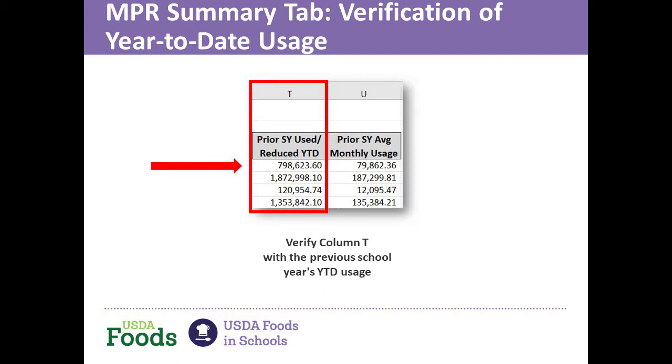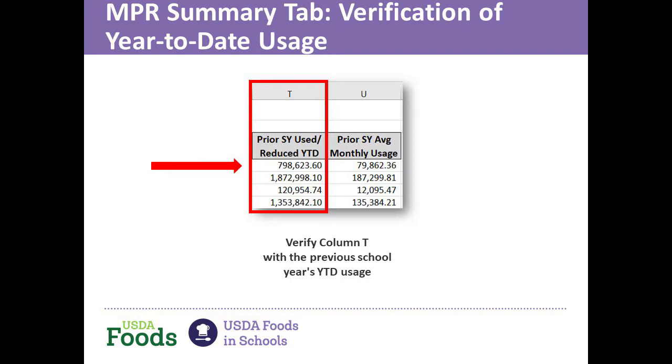The prior MPR template used slightly different language when describing this data, so you may see it shown as less amount delivered, commodity delivered, or commodity shipped. While managing inventories, users can multiply column U by 6 to determine the allowable level of inventory for a particular item.